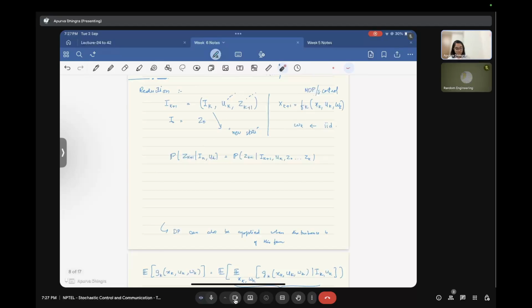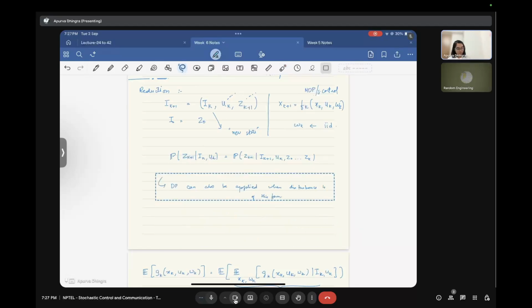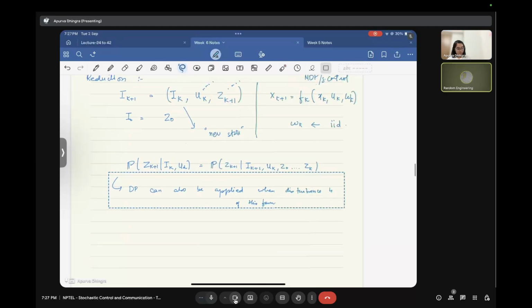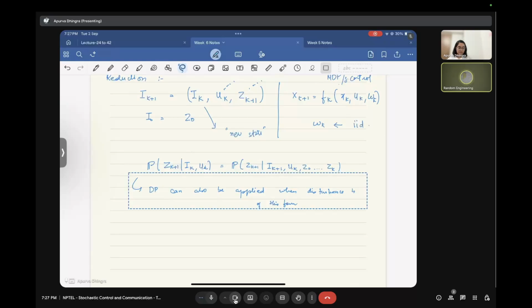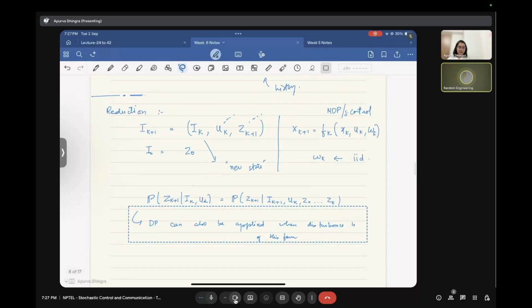Hmm. I don't know, but this seems very tricky. Should it be I of k plus one or k? Oh wait, that looks like a typo.